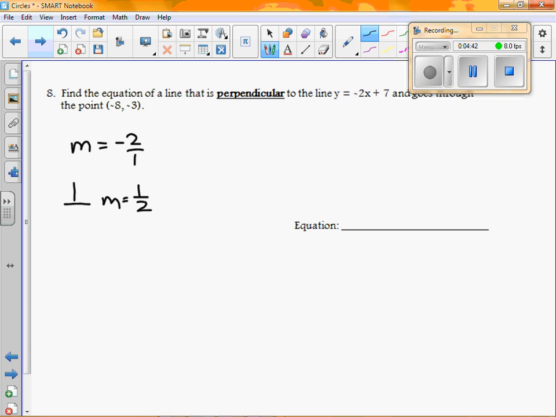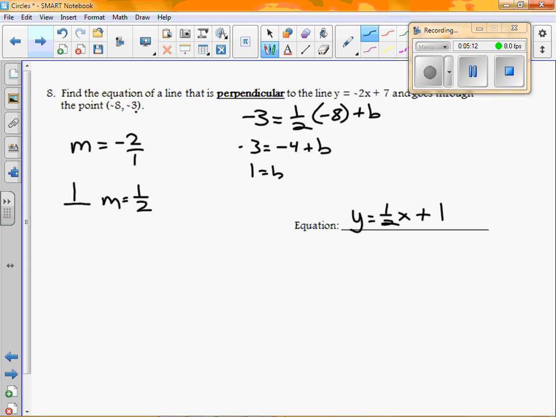So what you have to do is take this point right here, and y equals mx plus b. So negative 3 equals half of negative 8, which is negative 4. So your perpendicular line is y equals 1/2 x plus 1.